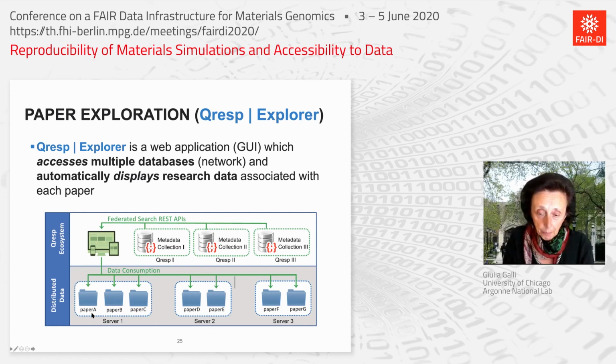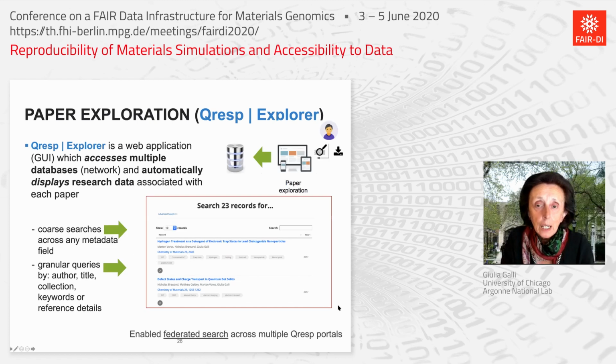And in a distributed manner, these researchers make their data available and searchable through the metadata that they have also generated and made available with the curator of Qresp. What does this mean? It means that this graphical user interface, if the researcher makes the data available, enables federated searches across multiple Qresp portals, right?